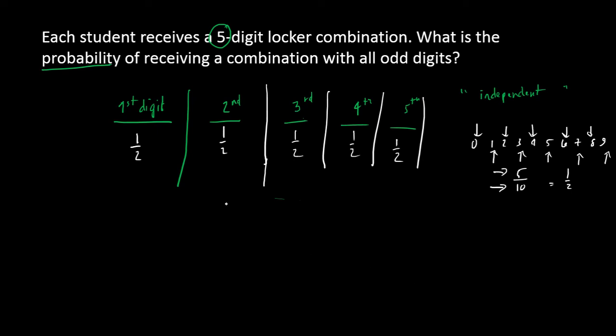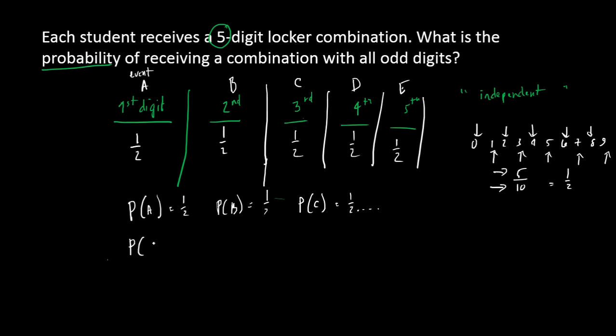However, the probability that they are all odd, the probability that all of these digits will be odd, is found by, so if I call this, let's use some notation here. So if I call this event A, probability that the first digit is odd, event B, event C, event D, and event E, my notation would be the probability of A is 1/2, the probability of event B is 1/2, the probability of event C is 1/2, and so on.